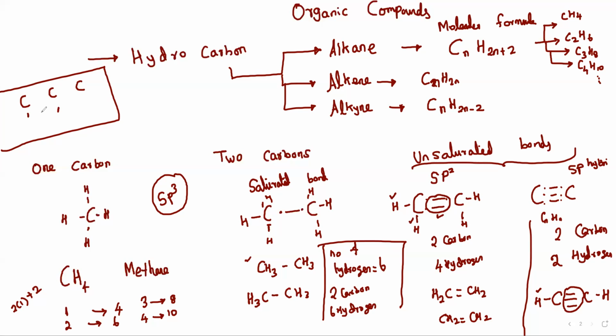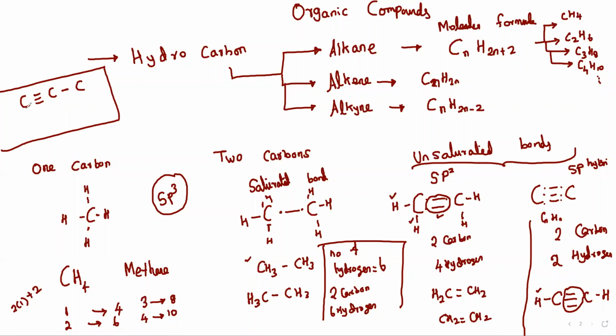From this to this, one bond can be put, and from this to this, another bond can be put. In any one of these 2 places, we have to put either a triple bond or a double bond, depending upon the type of hydrocarbon. For example, if I put a triple bond here, it should be a single bond here. That's the basic thing.